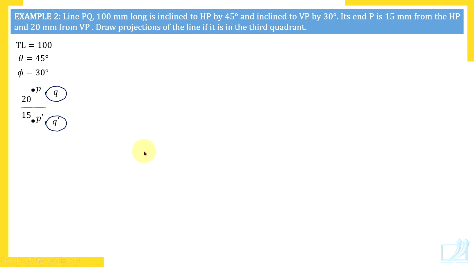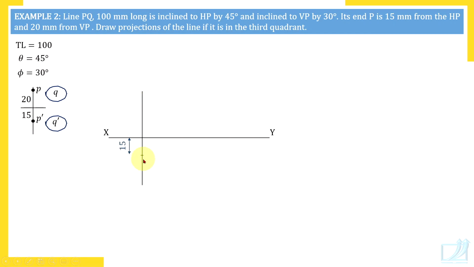So we'll proceed. We should start with XY line. So draw XY line, label it. Then draw projector of reference point. What do you mean by reference point? A point on the line whose position from HP and VP is given, and that point is point P, because we know its distance from HP and VP. So let's measure these distances now to the scale to locate point P and P dash.